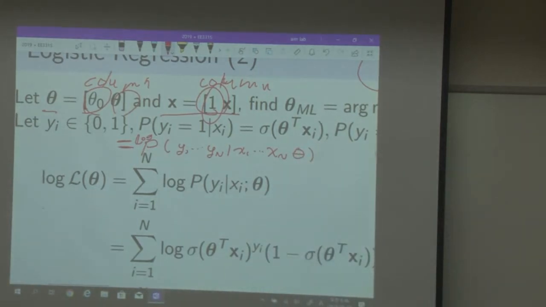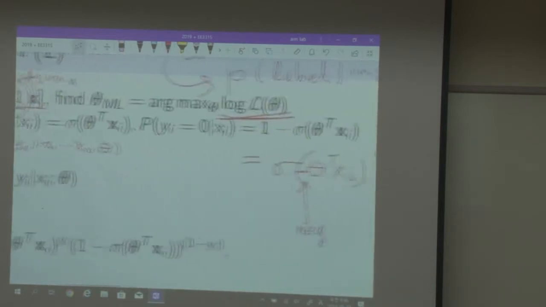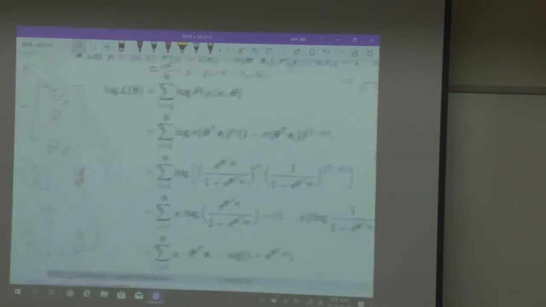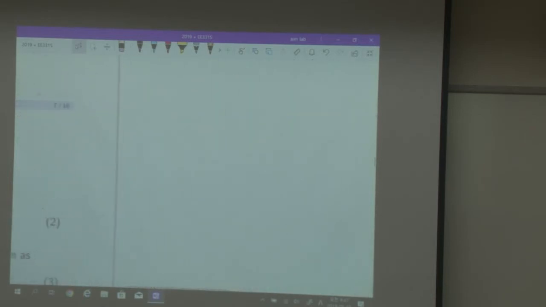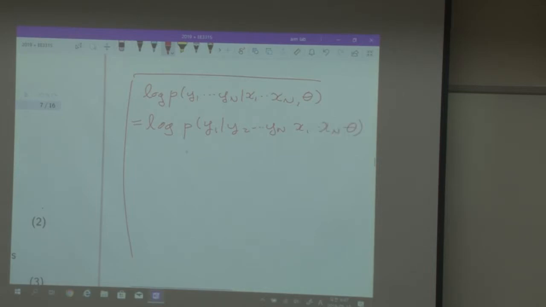Now, I'm going to write this thing. So log of probability of y1 through yn is equal to log of probability of y1 given y2 through yn, times probability of y2 given y3 through yn.